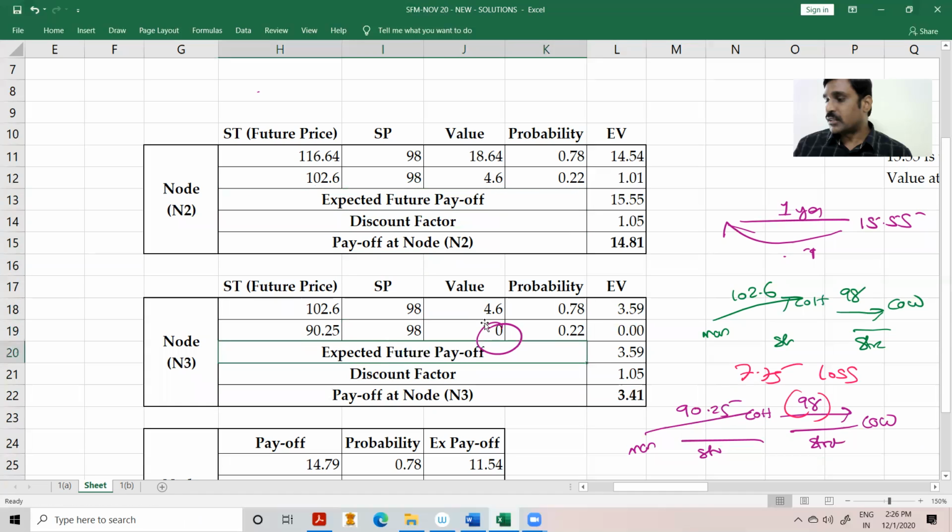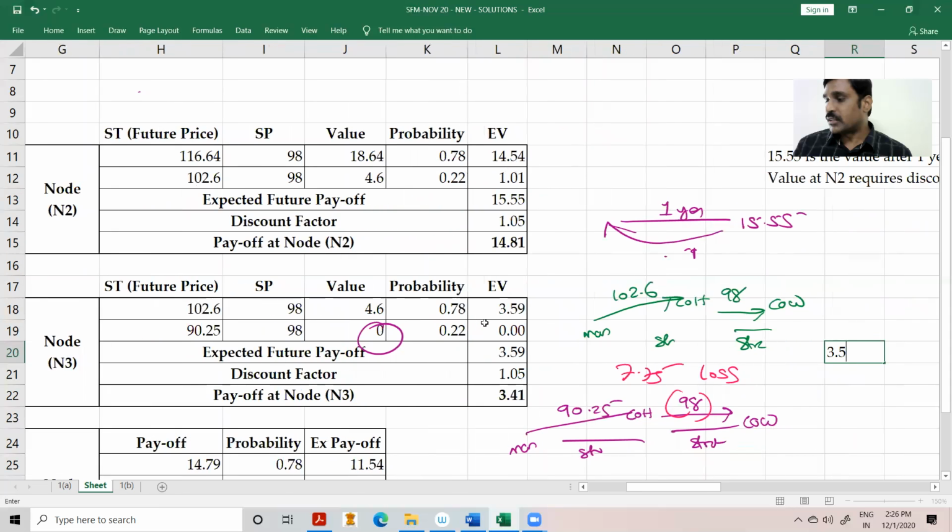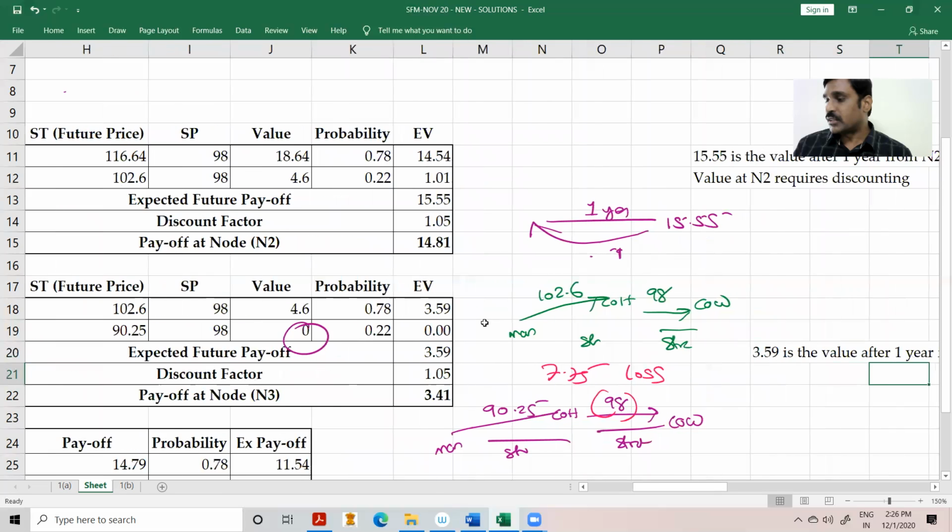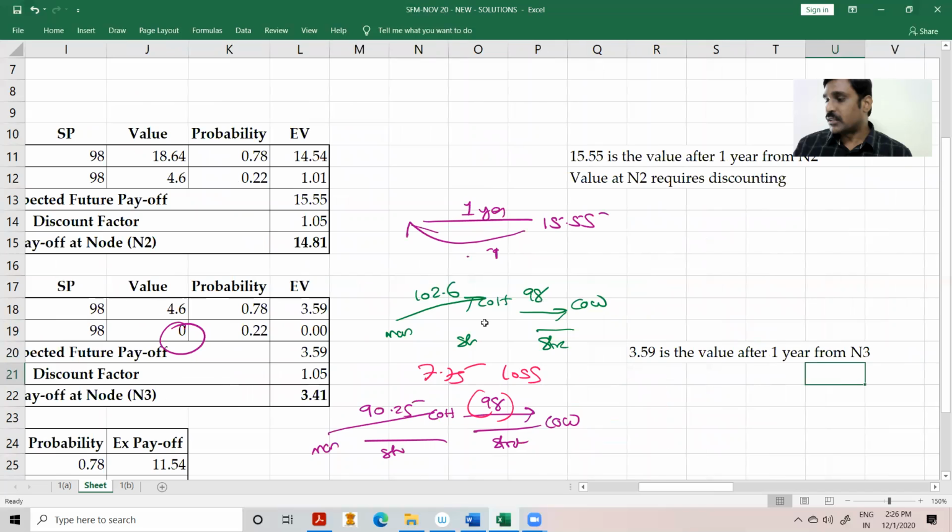When I stand at N3 and look forward, my expected payoff is 3.59. What is the 3.59? 3.59 is the value after 1 year from N3. So the value at N3 requires discounting.